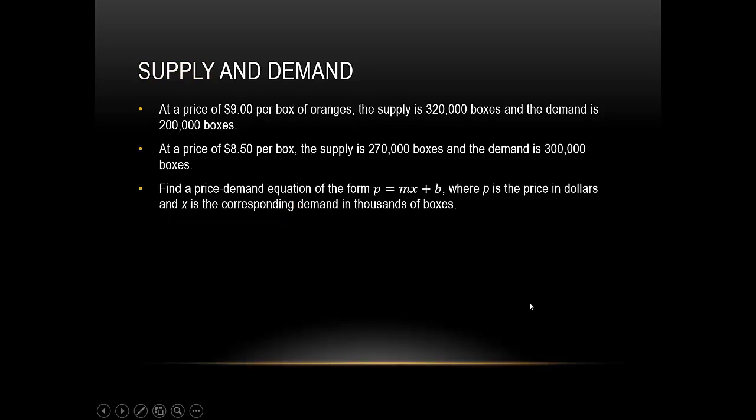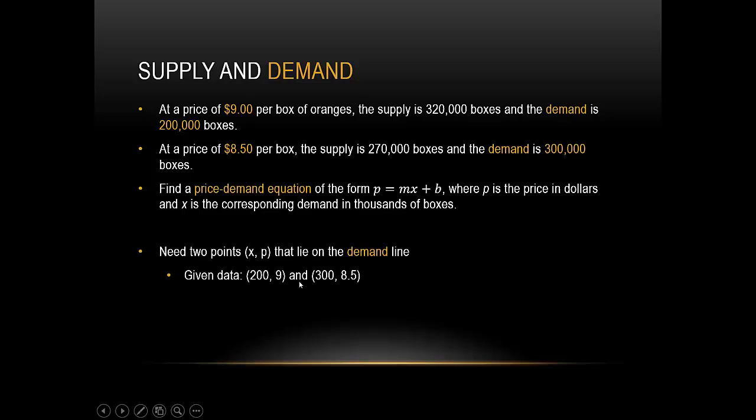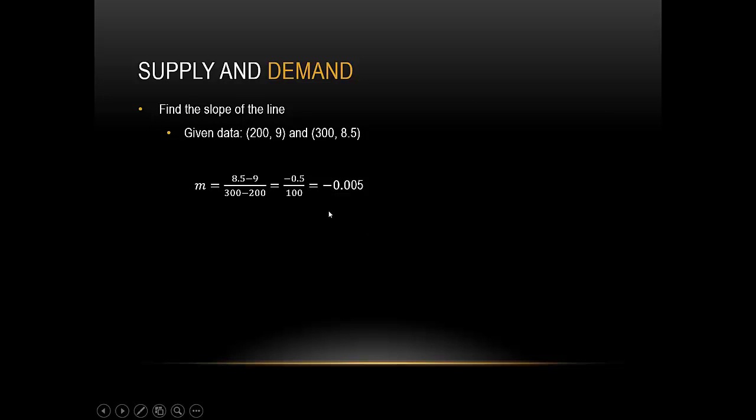I'm going to do the same exact thing for demand. So nothing changes but my values for demand. I get my two new data points, but now I'm not looking at the 320, I'm looking at the demand, 200,000 and 300,000. Guess what? I'm going to go through the same exact steps. I'm going to find the slope.